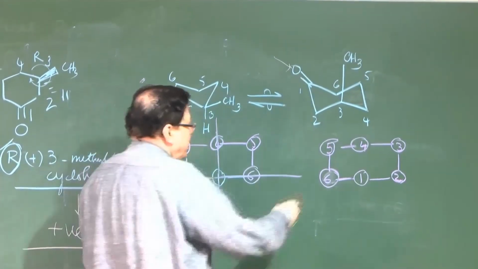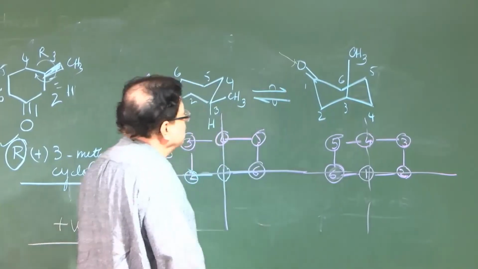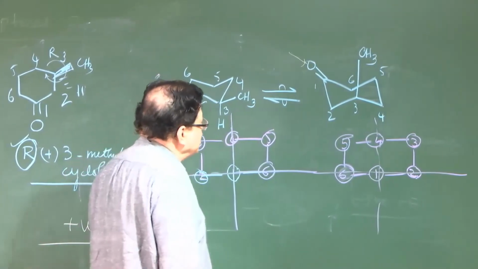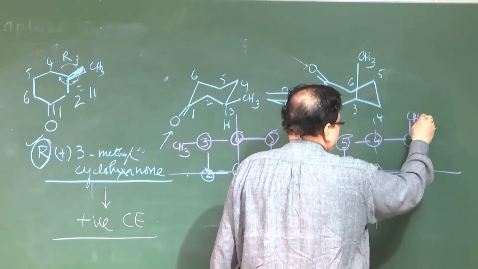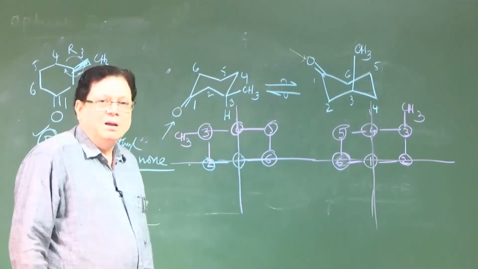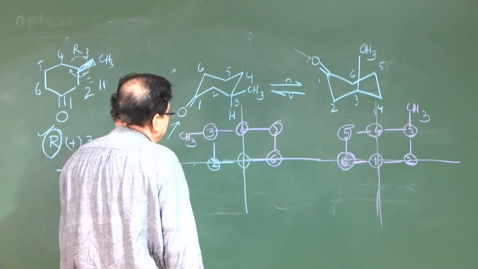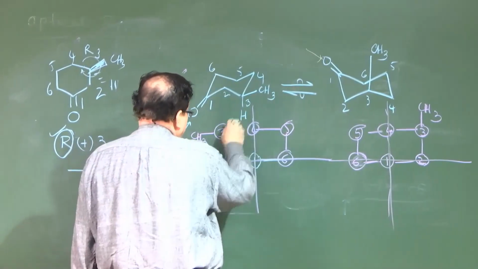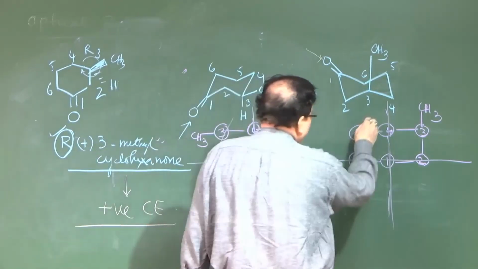And where are the 2 axes? These are the 2 axes. Where is the substituent? The substituent is at the 3 position and that is the axial substituent. So, the axial substituent will be pointing up. So, this is the projection formula. Okay. So, that means here 3 will cross out 5, the contribution of 5, and 5 will cross out the contribution of 3.